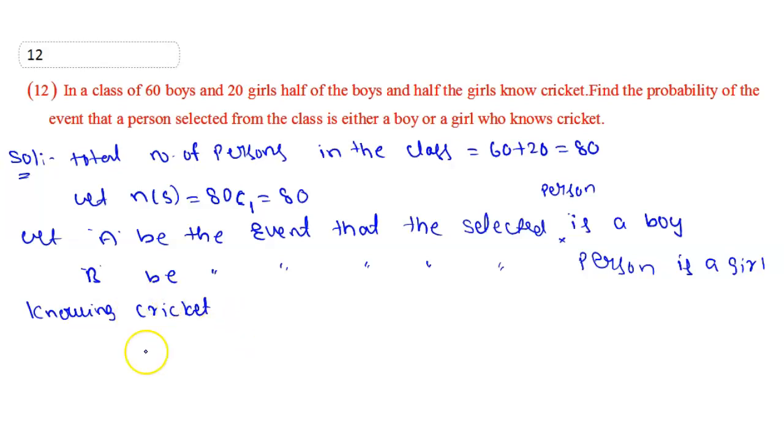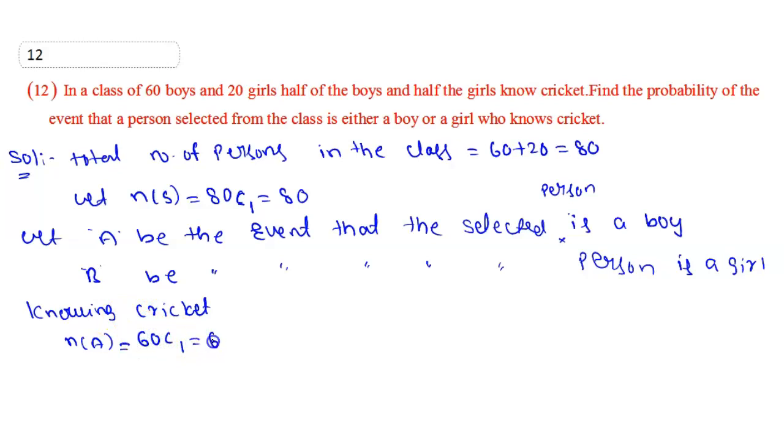So now n of A is equal to 60C1, because total 60 boys are there.